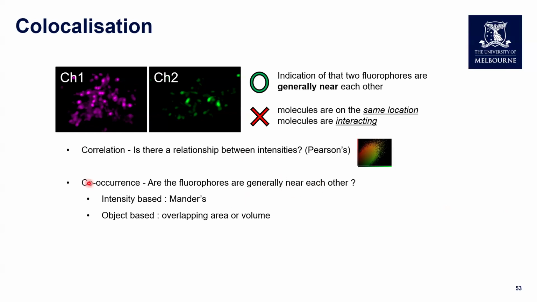In measuring this co-occurrence, we can measure Manders' coefficients, which measure the sum intensity of objects, or we can measure the overlapping area or volume, which is called the object-based method.